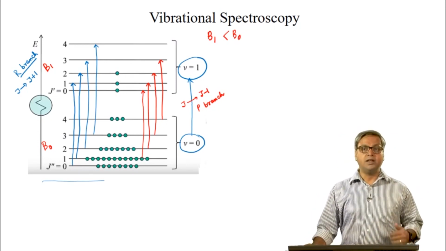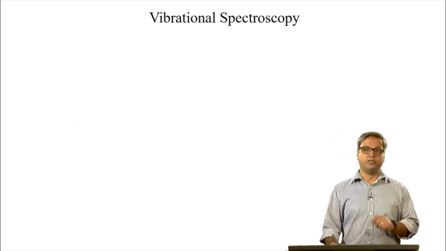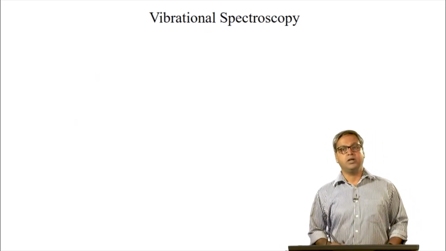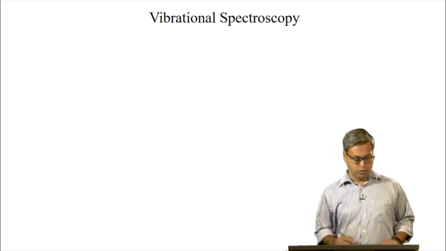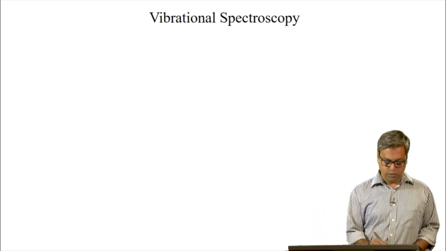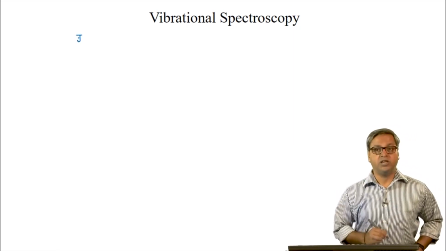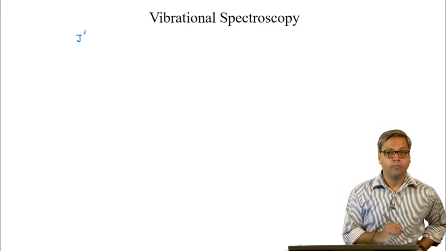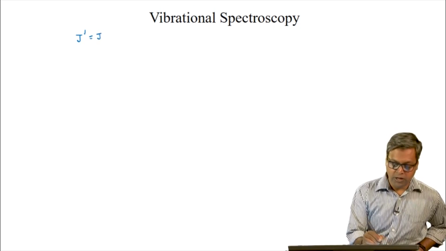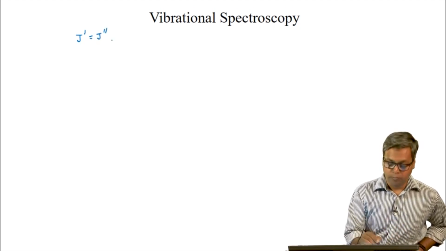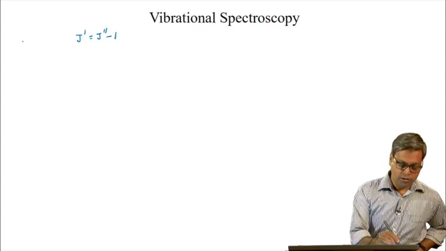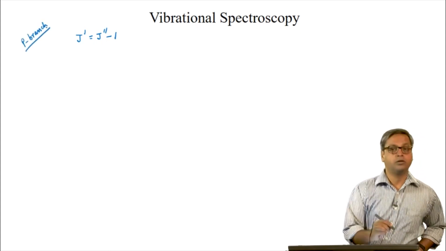So, let us again write the spectral line frequency for transition in the P branch. So, for the P branch, we know that J prime equals J double prime minus 1.